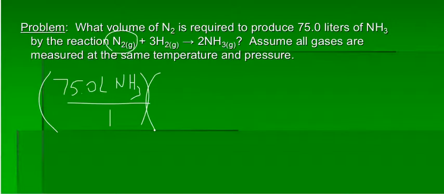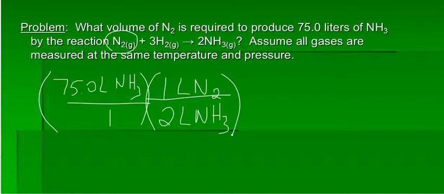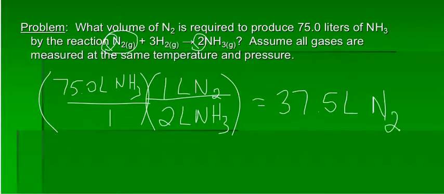So I could say there are 2 liters of NH3, and I want to go back to N2 for every 1 liter of N2, based on these coefficients. So I don't have to go back to moles. I can just do a liter-to-liter ratio. And this would require 37.5 liters of N2.